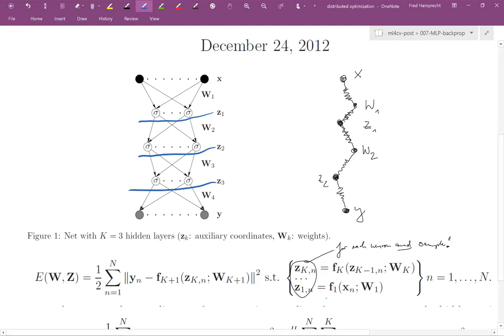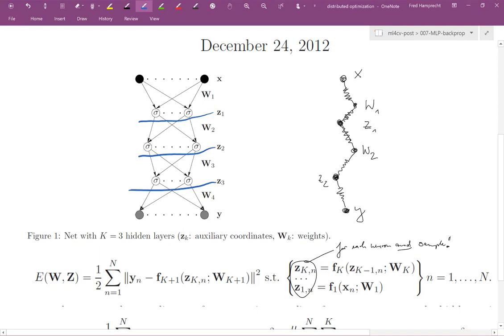So in a regression example, this is just a squared loss. Here I want to minimize the squared residual between my ground truth output Y and the prediction of my neural network. And the prediction of the neural network is now defined recursively.